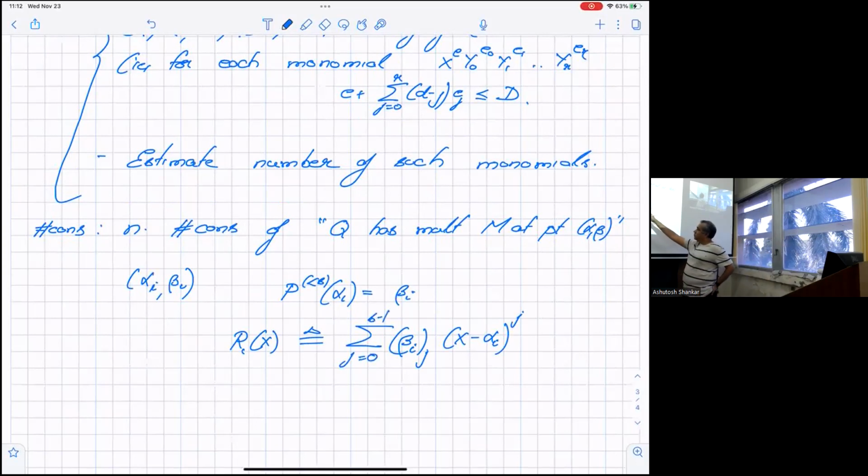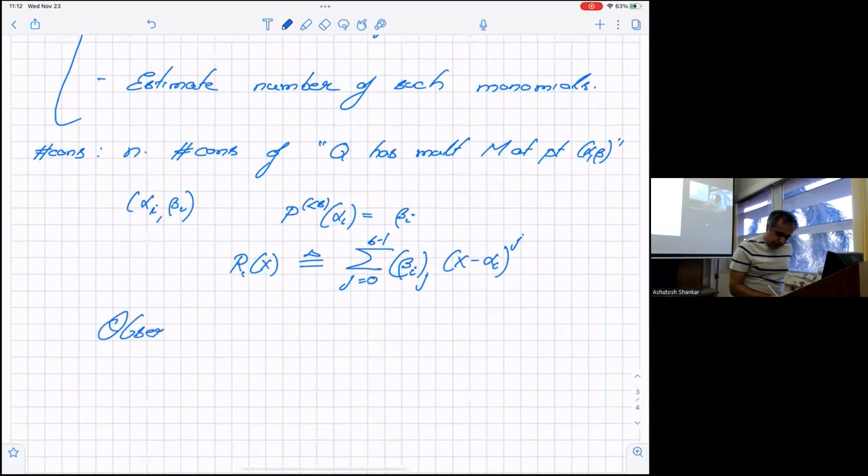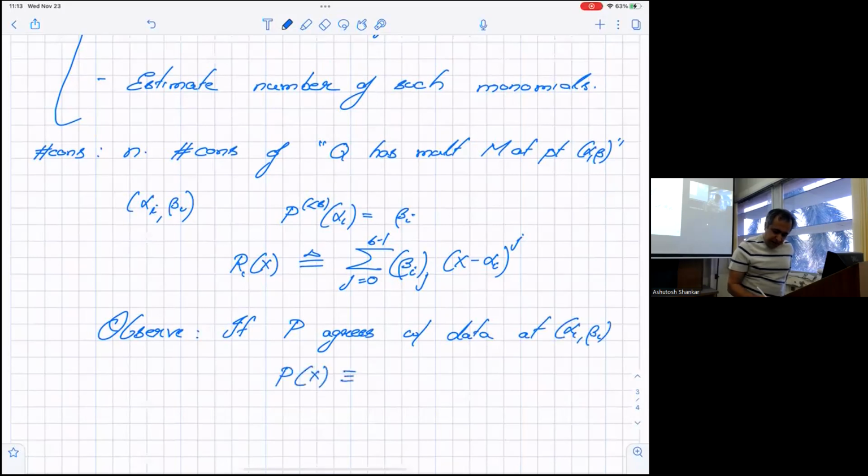Ri is defined in such a way that if P agrees with data at alpha i, beta i, then P of x is identically equal to Ri of x mod x minus alpha i to the power s.